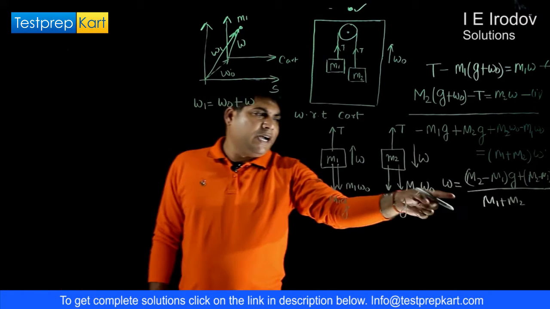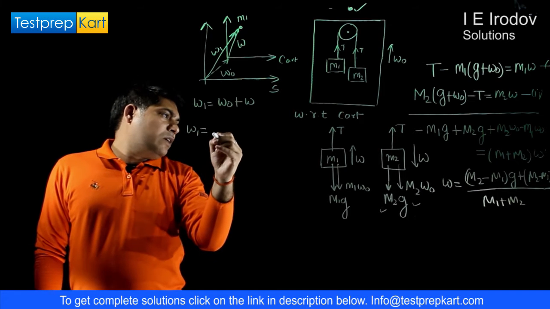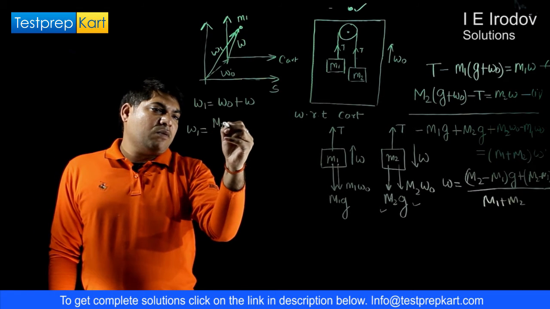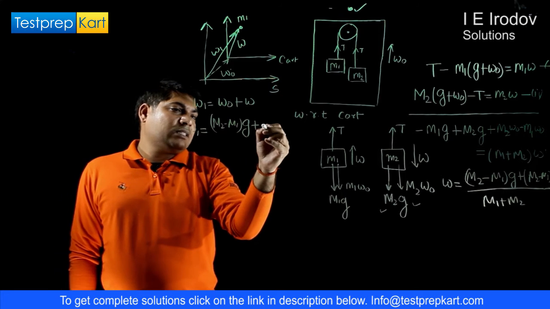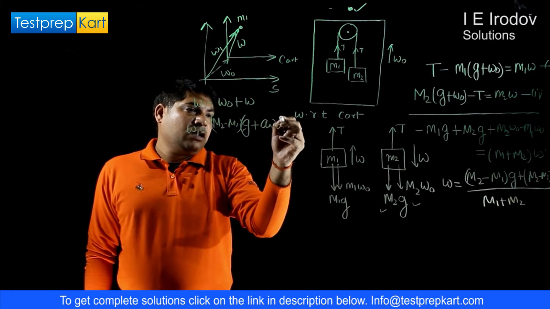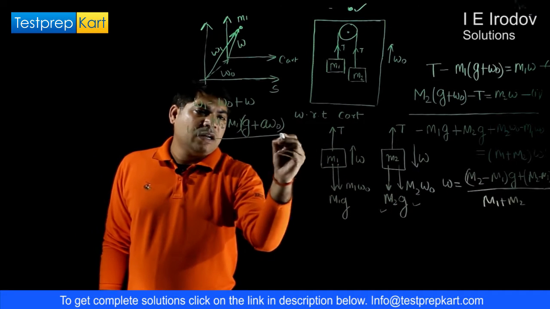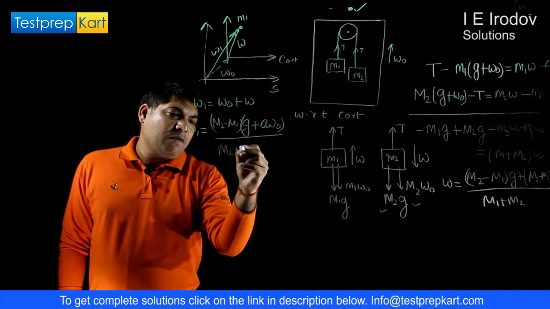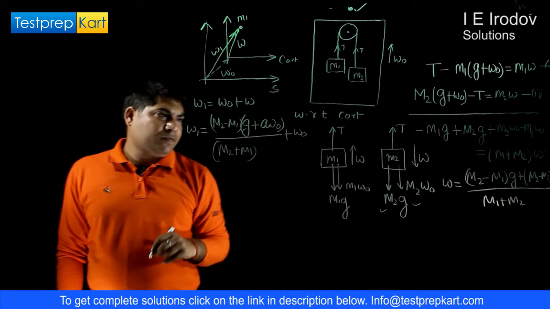We already have omega, so we can put it here. So omega 1 is equal to (M2 minus M1) into (G plus omega naught) upon (M2 plus M1), plus omega naught.